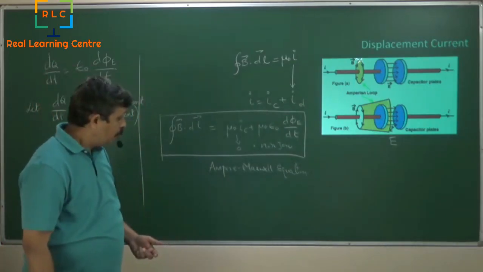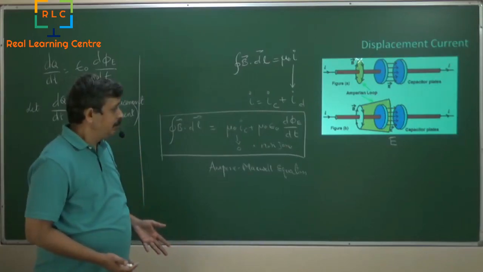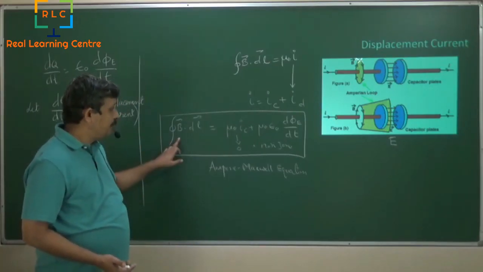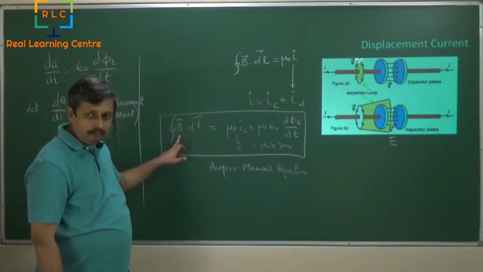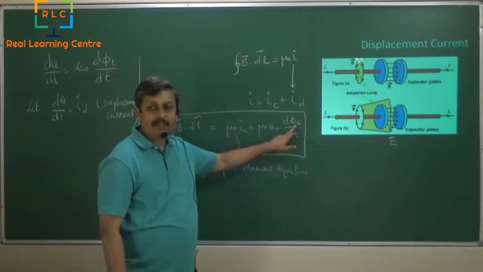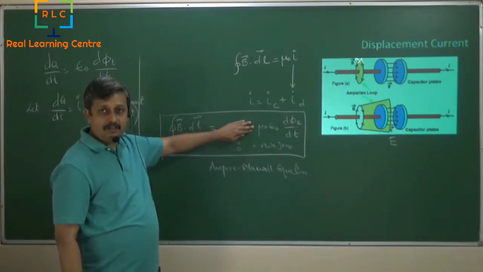So now with this you can see that the magnetic field is produced by change in electric field even when there is no current. You see how suddenly symmetry is coming.